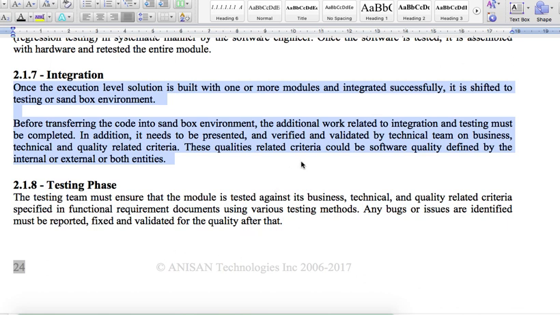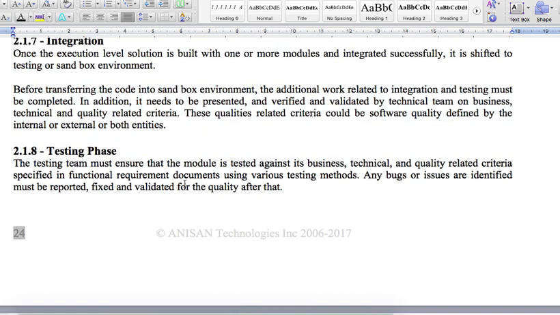These quality related criteria could be software quality defined by internal or external entities or both. Internally, you may have an internal testing team. If you are obtaining accreditations or certifications, then you may have an external team coming and testing the solution.